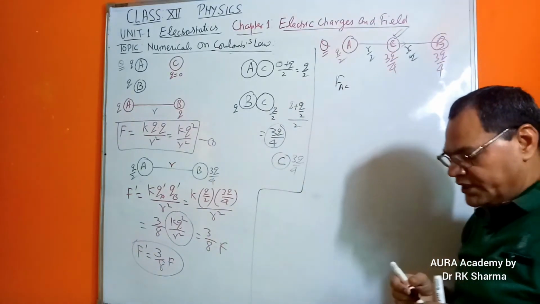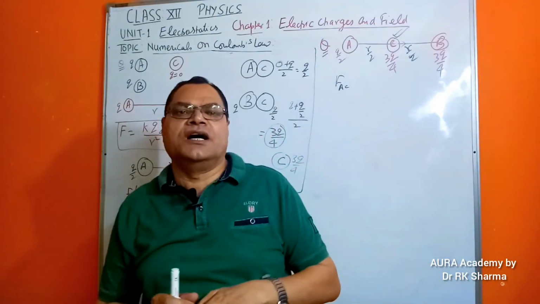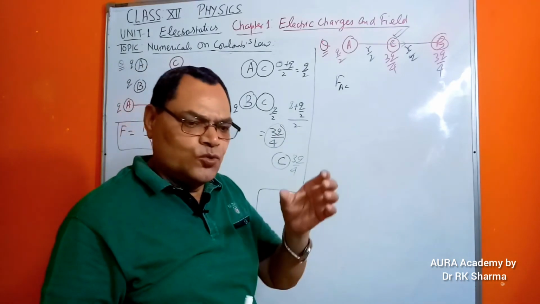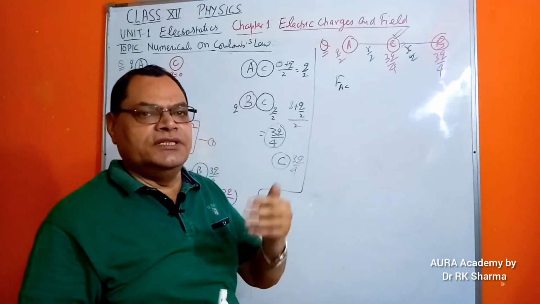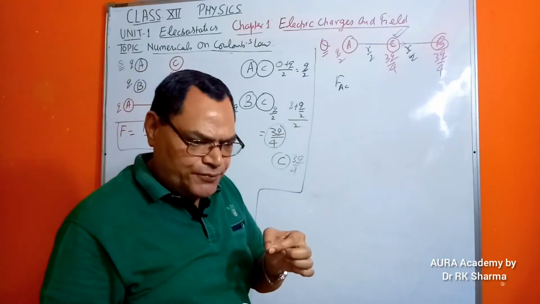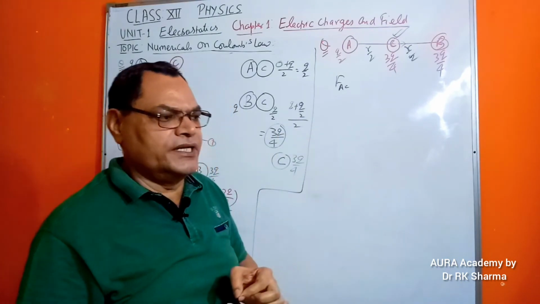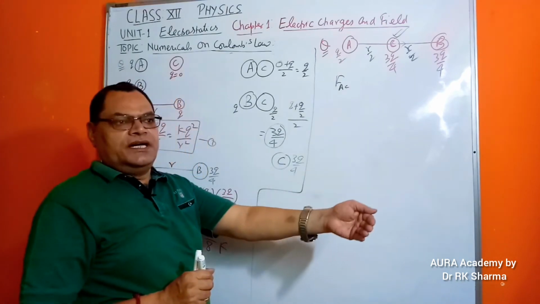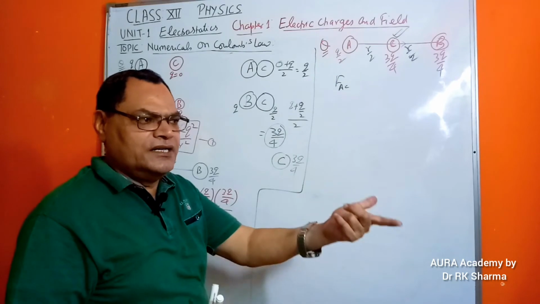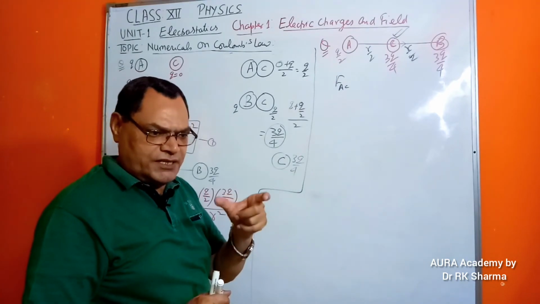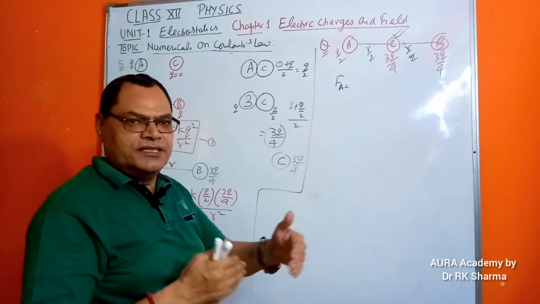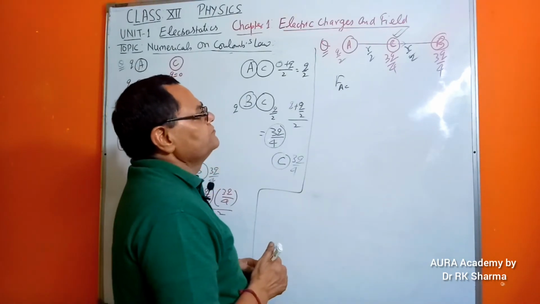Therefore, the magnitude of the charge is not important. What is important is at which point we are finding the net force. The very point charge where the force is to be calculated will be repelled or attracted depending upon the conditions. If there are similar charges, or the same nature of charges, it will be repelled, and it will be attracted if it has the opposite charge.